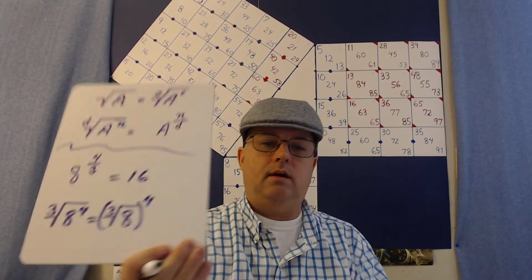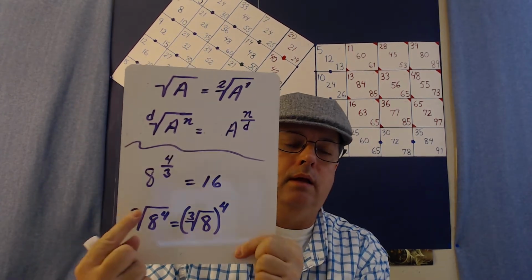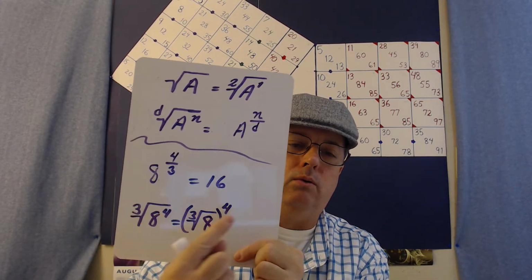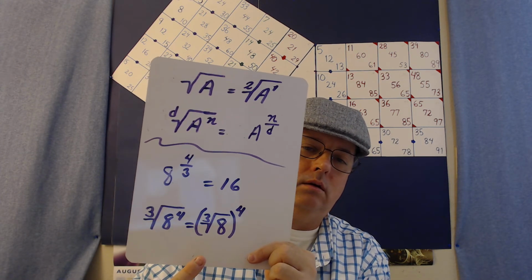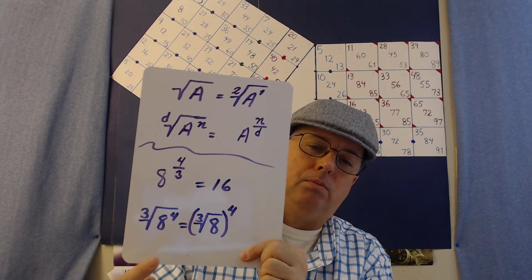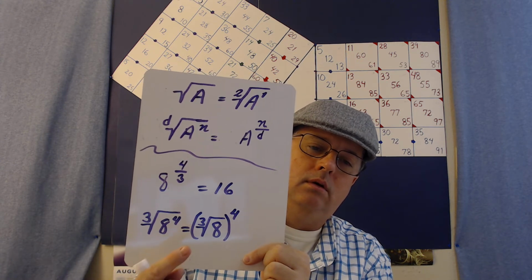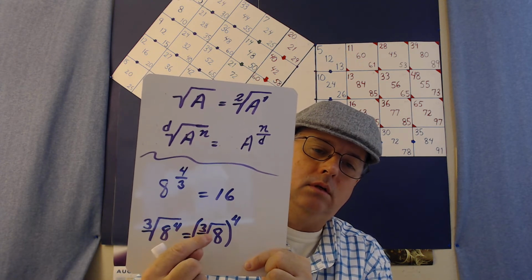And you can also write it this way. You can put the root here and the power on the outside. So that's the same. The power can be on the inside of the root or on the outside of the root. So what's the 3rd root of 8? What number multiplied by itself 3 times gives us 8?